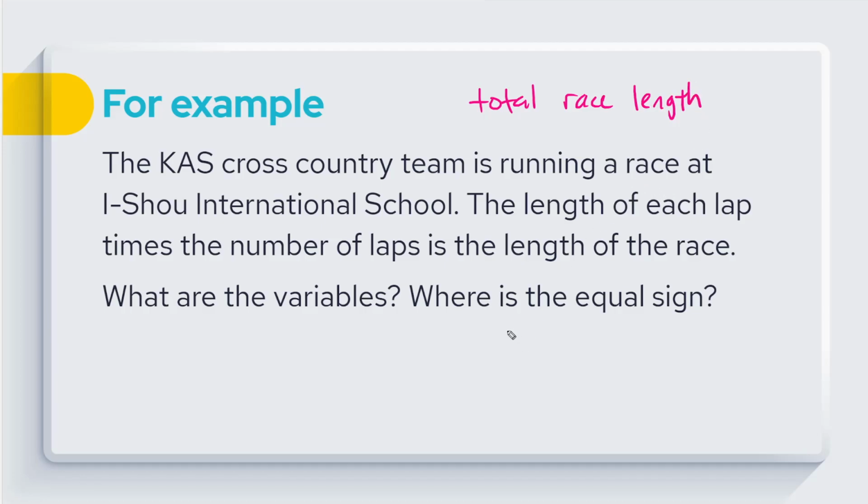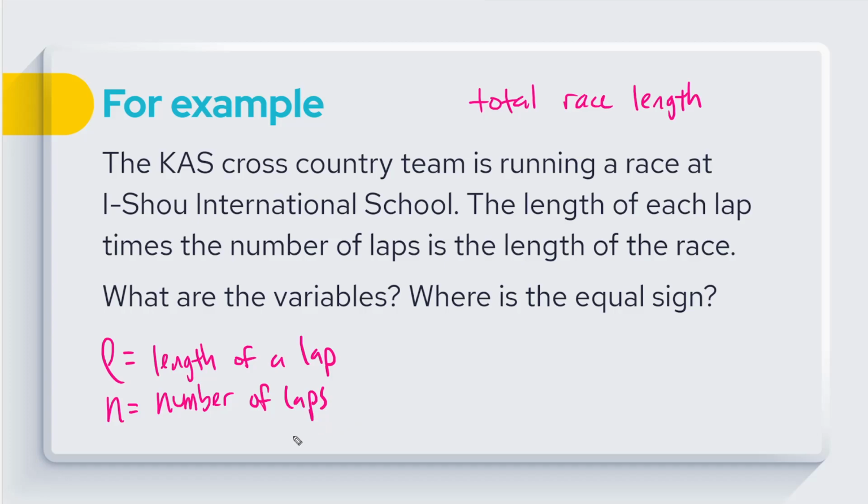So, what are the variables? What are the things that we don't know? Well, we don't know the length of each lap, right? So we can call that L. Length of a lap. And then another thing we don't know is the number of laps. So we can call that N. Number of laps. And then the final thing that we don't know is the total race length.